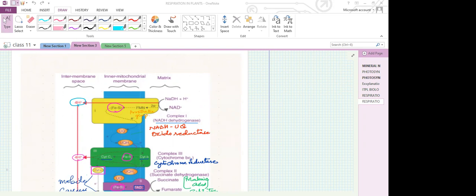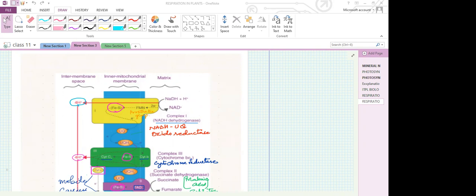Yeah, the system that's involved. Perfect. Tell me, Purvi. The system involved in the transport of electrons for the synthesis of ATP at the end. Yeah, the system involved in the passing of electrons from one complex to another complex is the electron transport system, and this complex is present in the inner mitochondrial membrane.